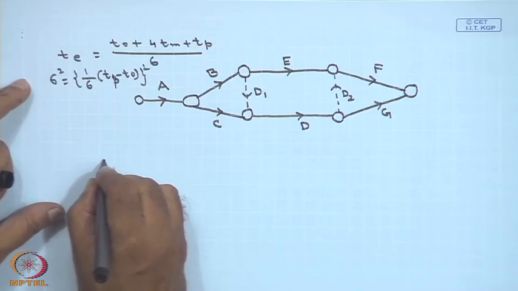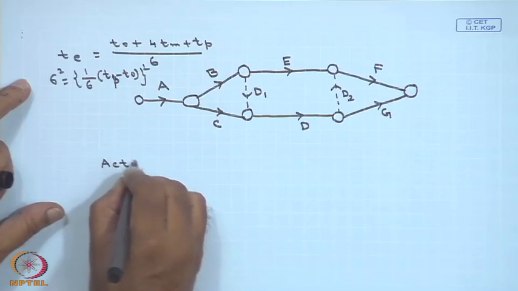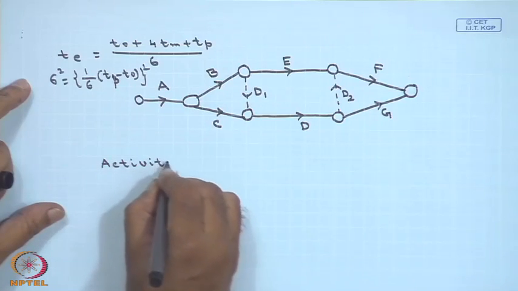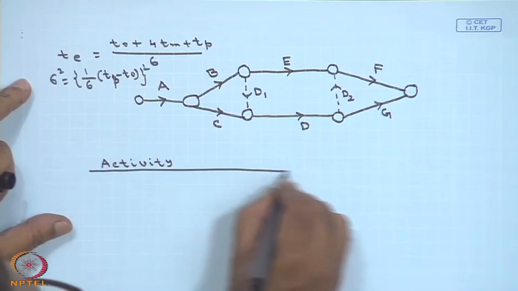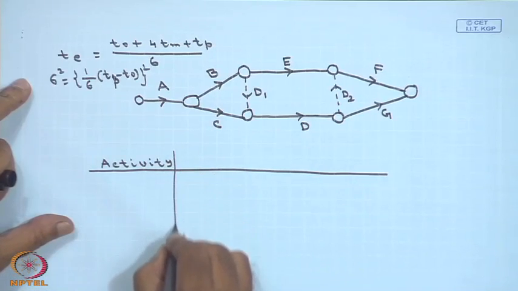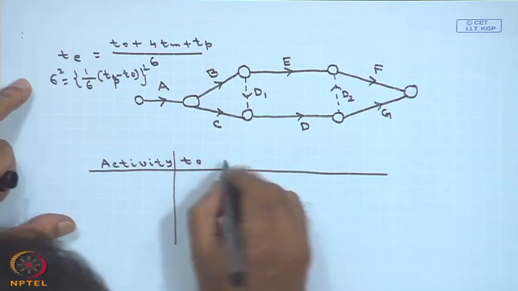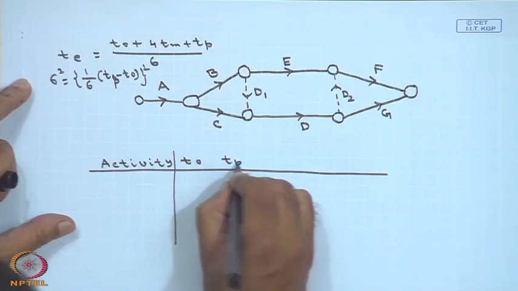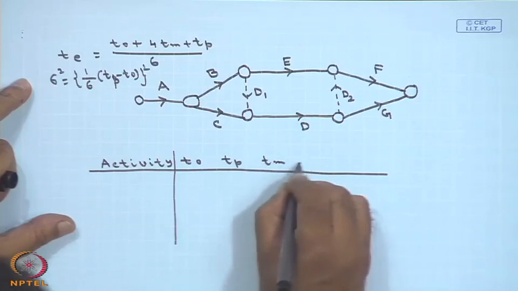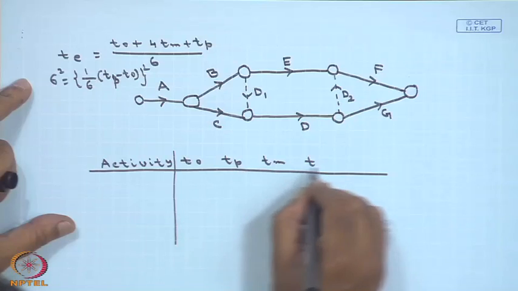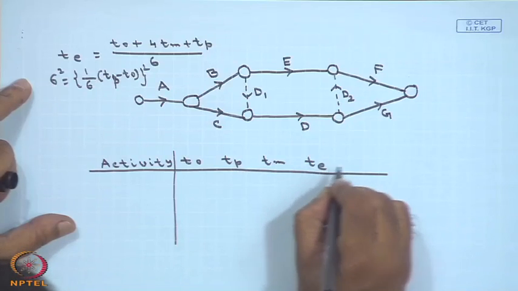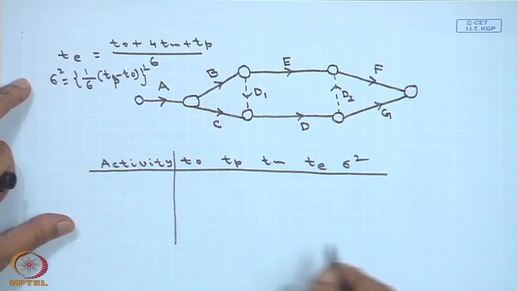We have the activities, and for each activity we have to calculate To, Tp and Tm. Once I know To, Tp and Tm, using the formulas for Te and sigma square, I can calculate.